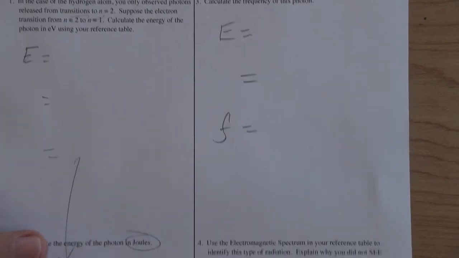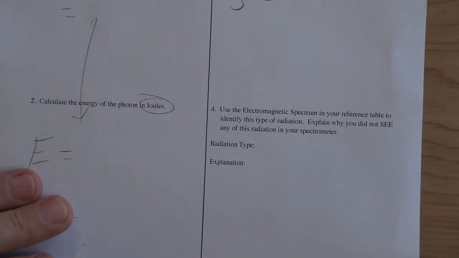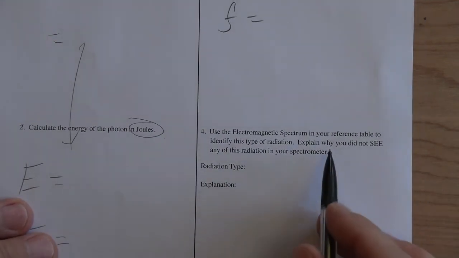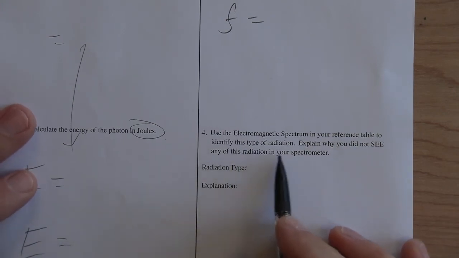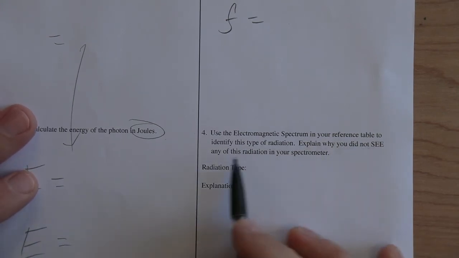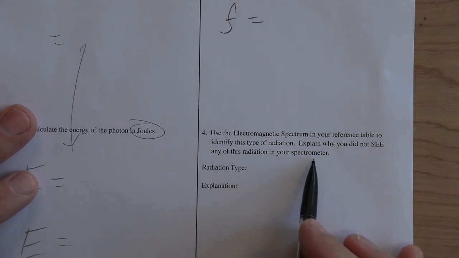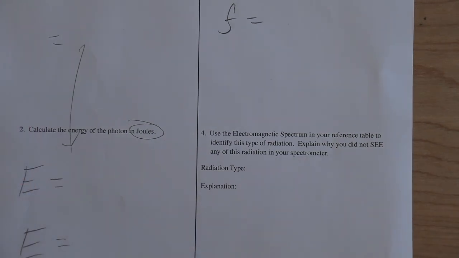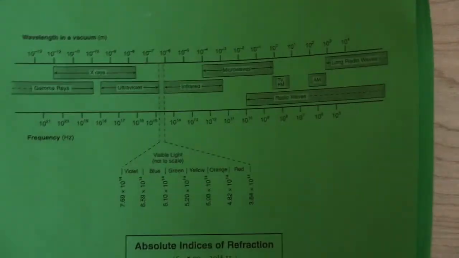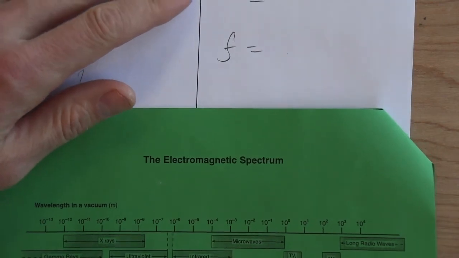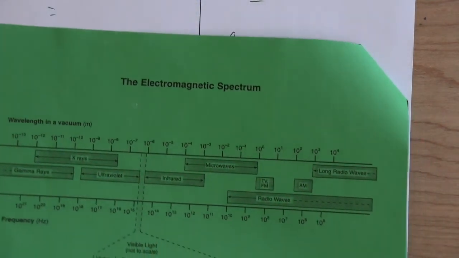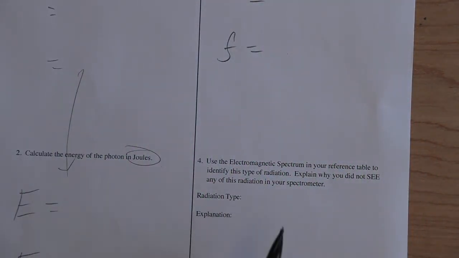All right, next question. Use the electromagnetic spectrum in your reference table to identify this type of radiation. Explain why you did not see any of this radiation in your spectrometer. So what do I mean by that? Well, remember in the waves topic, we learned about this electromagnetic spectrum. You're going to use this frequency here and look up in the spectrum what kind of radiation that is.